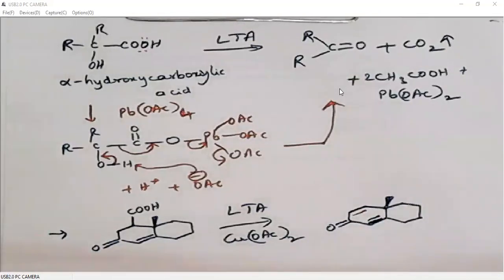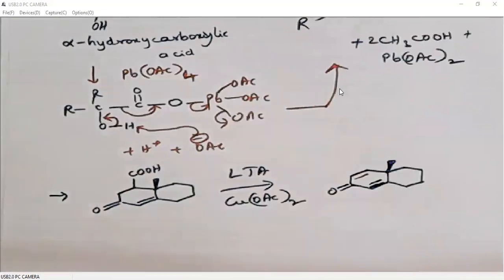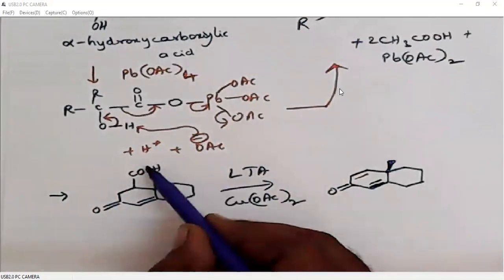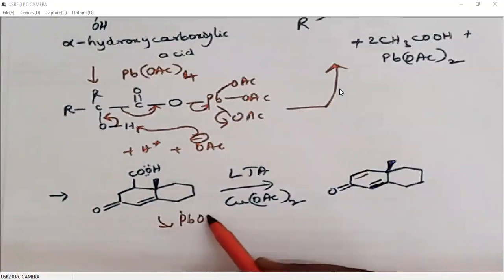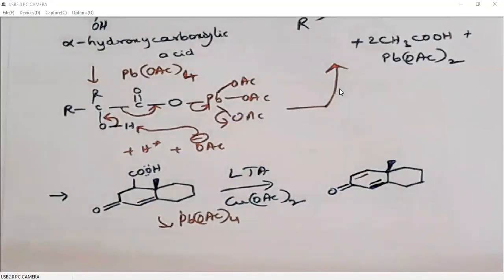So I will explain the mechanism. Similarly, this OH will attack lead tetraacetate. I'll give the intermediate, then I will explain the product formation.